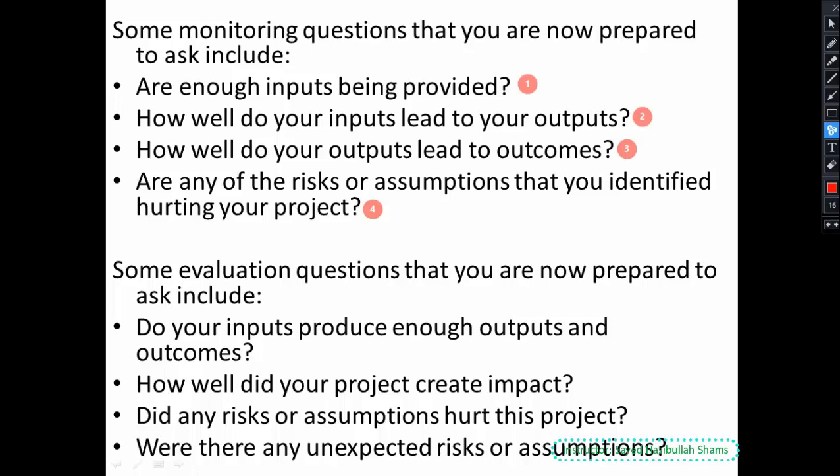Also, we have some evaluation questions that we must ask when we prepare the monitoring and evaluation plan: did our inputs produce enough outputs?